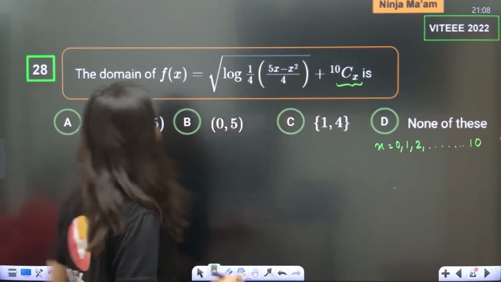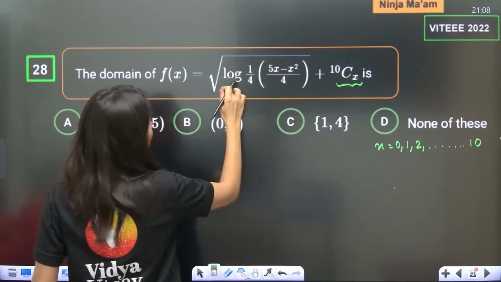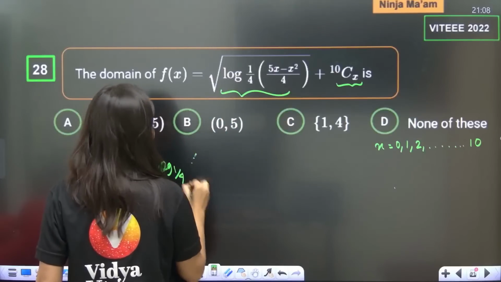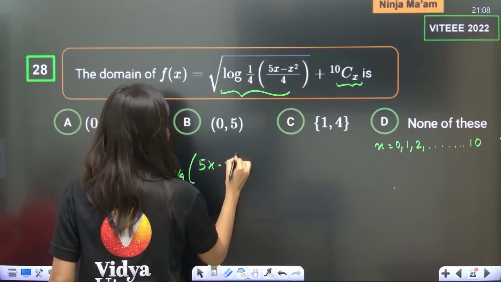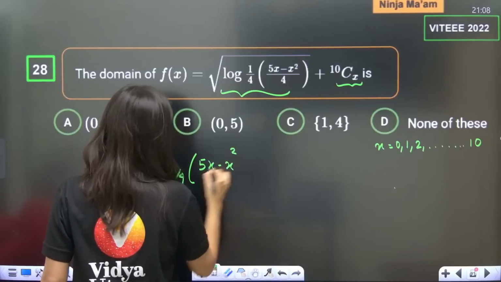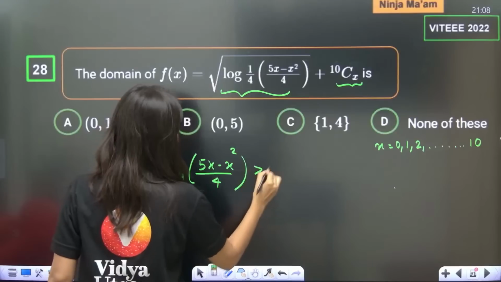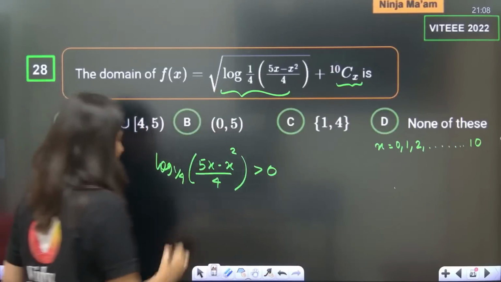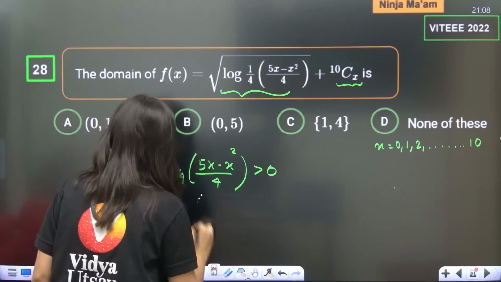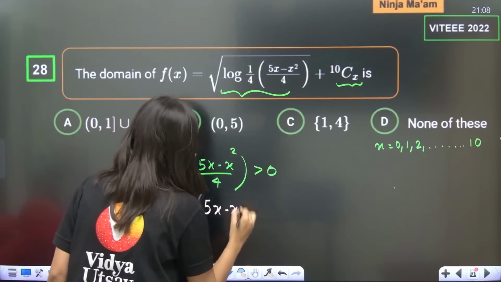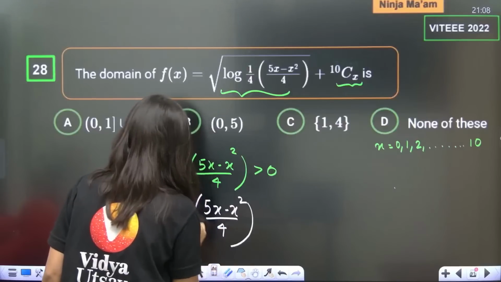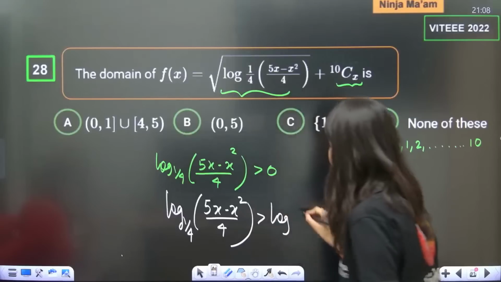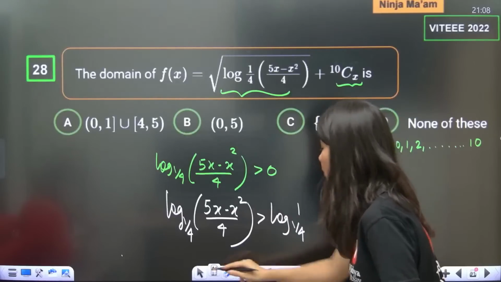Obviously, because there is a square root, whatever is written inside the square root, log base 1 by 4 of (5x minus x square) by 4, is greater than or equal to 0. Now 0 can be written as log 1.